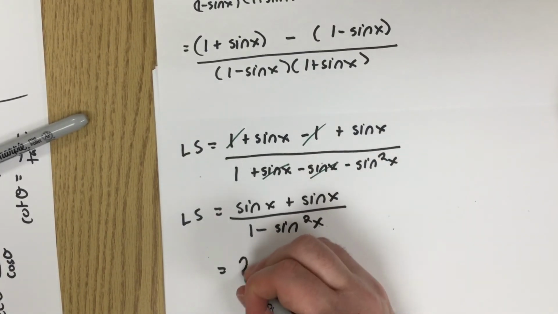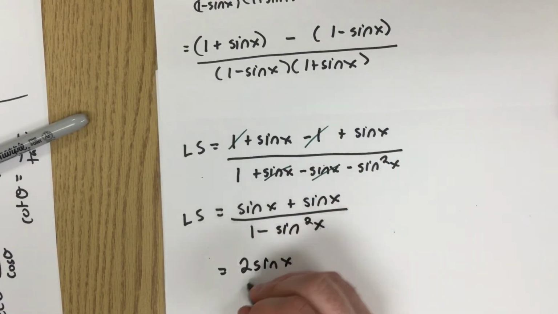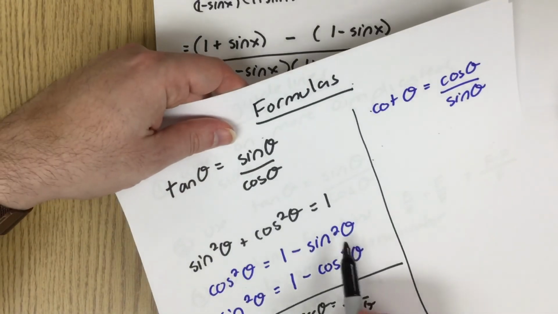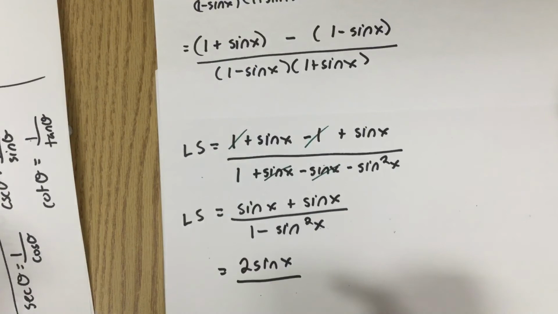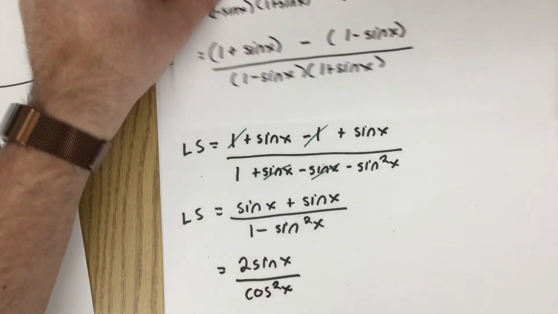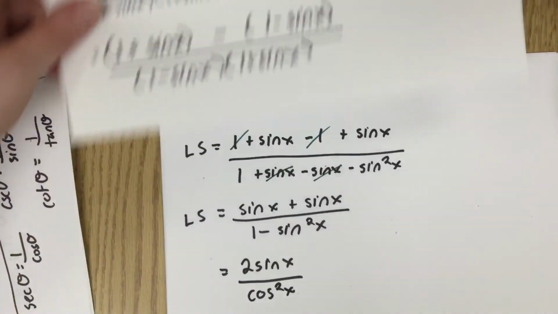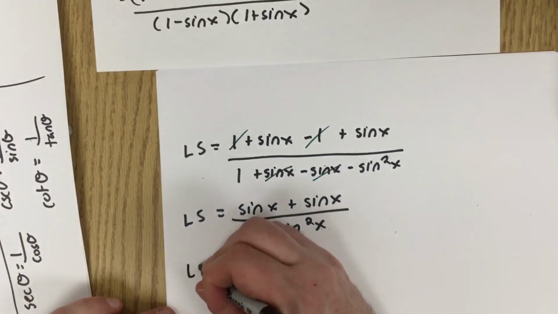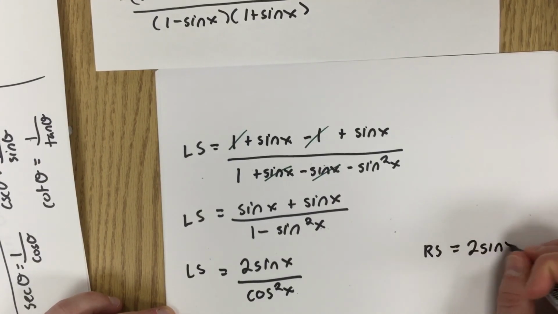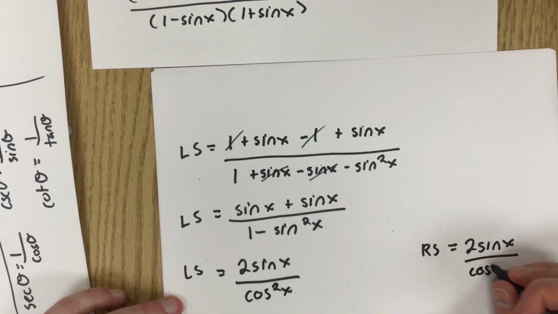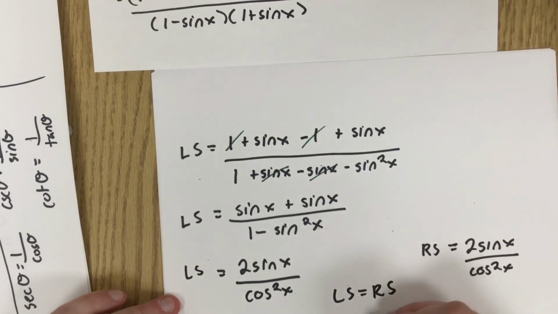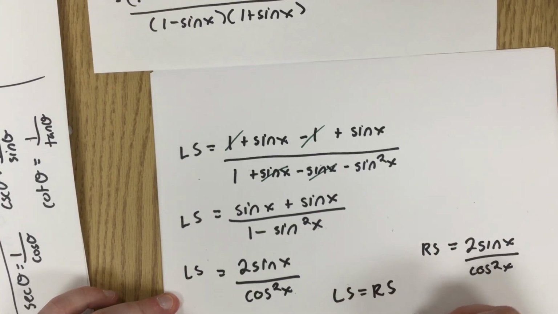Sine x plus sine x is 2 sine x. And 1 minus sine squared x is cos squared x. And if you remember, the left side was equal to that. The right side was equal to 2 sine x over cos squared x. The left side equals the right side, which means the identity is true.